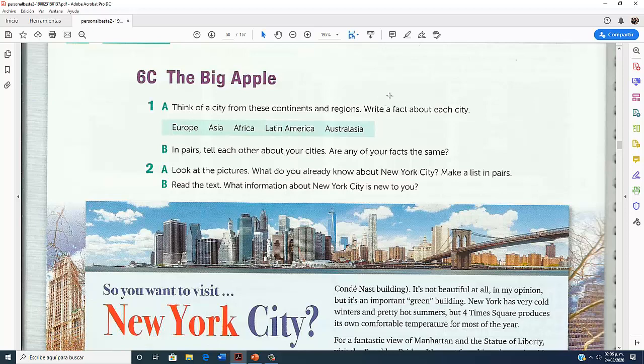That is a fact. Europe, Asia, Africa, Latin America, Australasia. Okay, so here it says, think of a city from these continents and write a fact about each city.